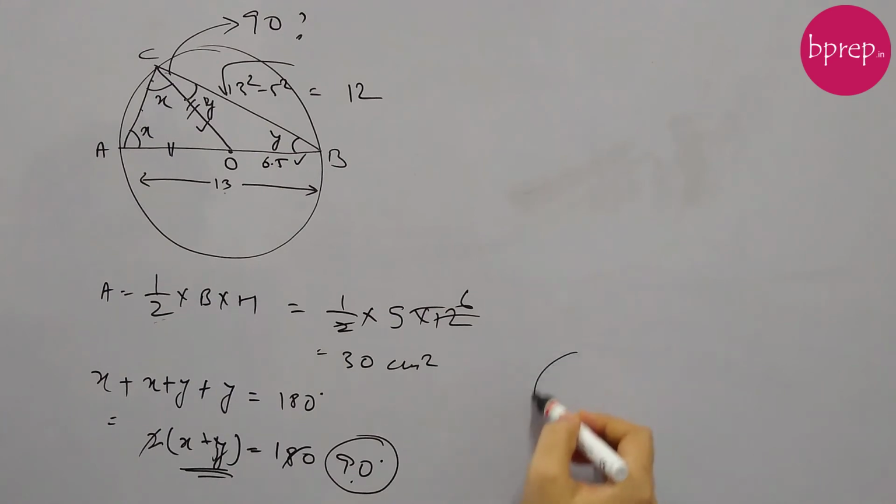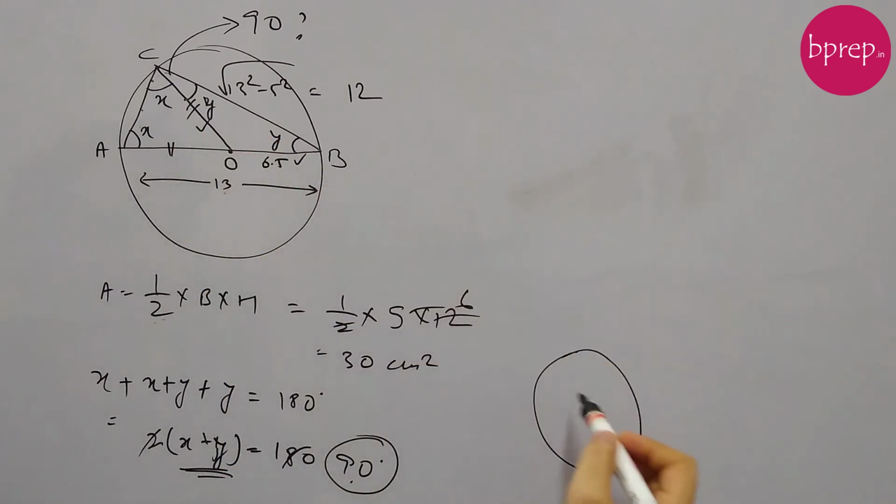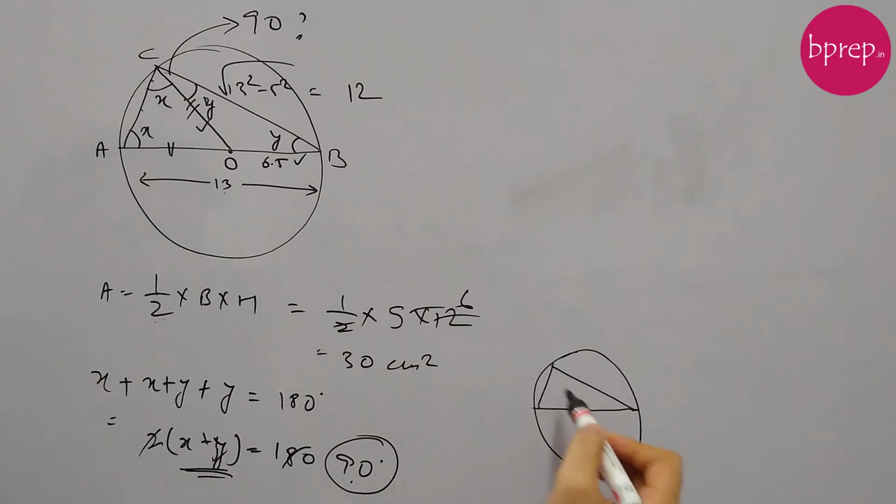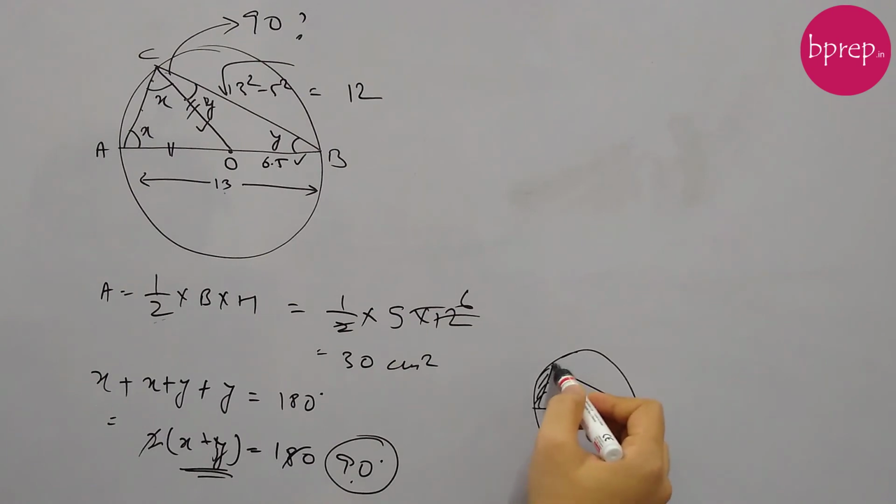So for example, let's say this is our circle, and if we try to draw this diagram again, then instead of asking the area of the triangle, you may ask the area of the shaded region. Okay, so it's going to be the same here.